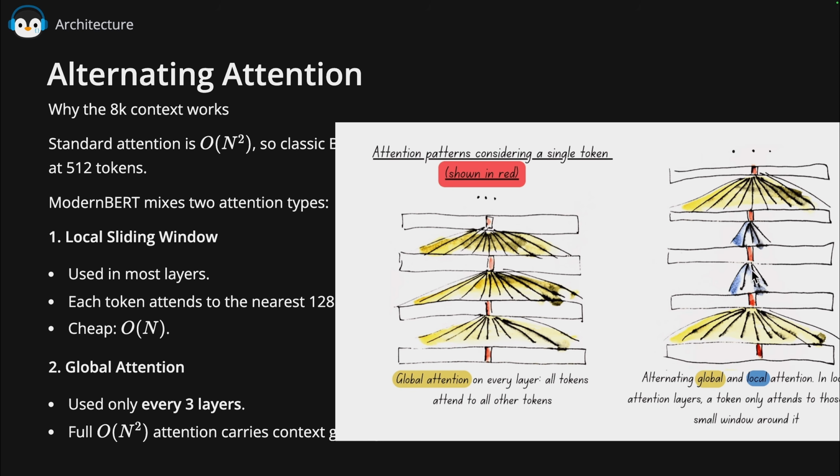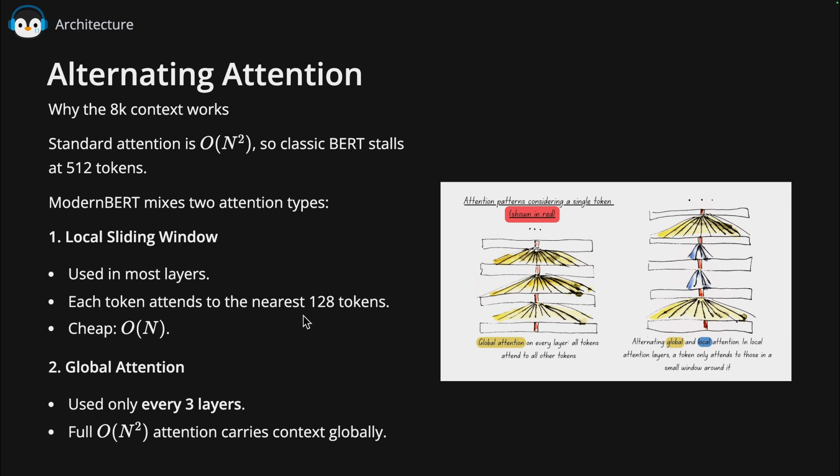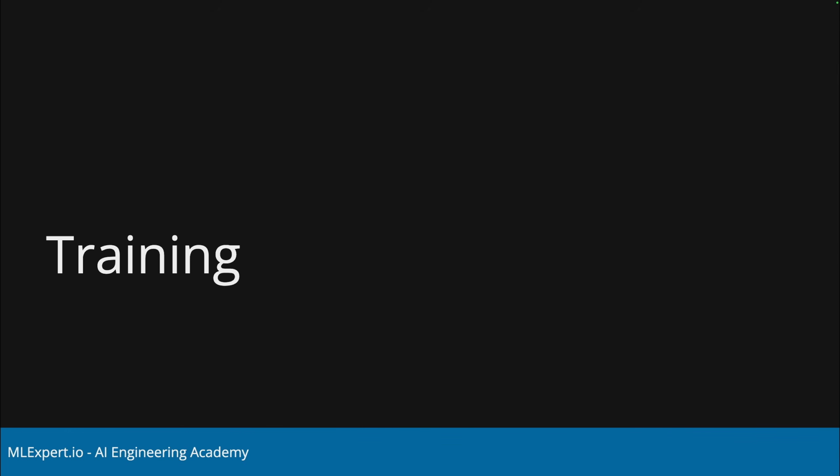Other than that, on the other layers, we attend to only the local 128 tokens. So this was much more compute efficient and a bit more local in terms of optimization. And this is essentially a linear operation, as you can see, while the original attention implementation is quadratic in time. So from here, you can understand that this is getting a massive performance improvement.